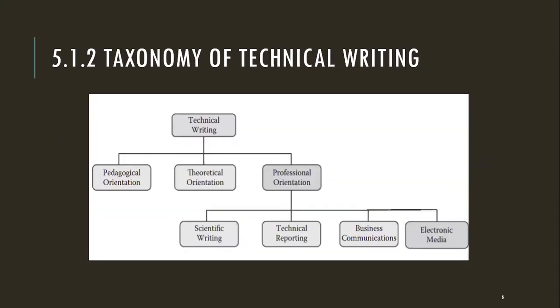Taxonomy of technical writing. This diagram on the screen shows you the taxonomy of technical writing. Technical writing can be of three types, or rather three different orientations, out of which professional orientation can also be of four types: scientific writing, technical reporting, business communication, and electronic media.